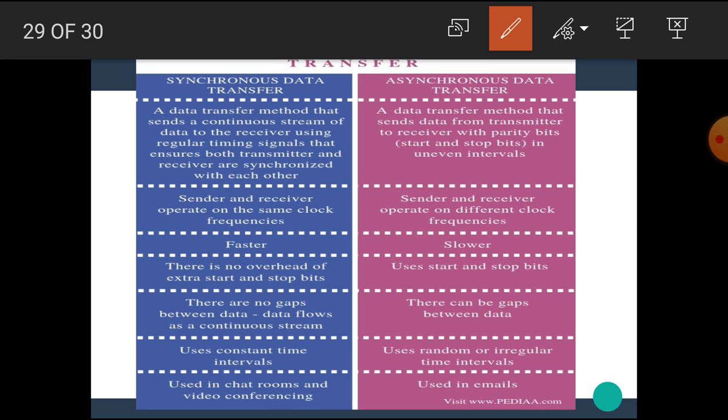Now, let's see the basic difference between synchronous and asynchronous data transfer. Synchronous data transmission is a data transfer method that sends a continuous stream of data to the receiver using regular timing signals that ensure both transmitter and receiver are synchronized with each other.